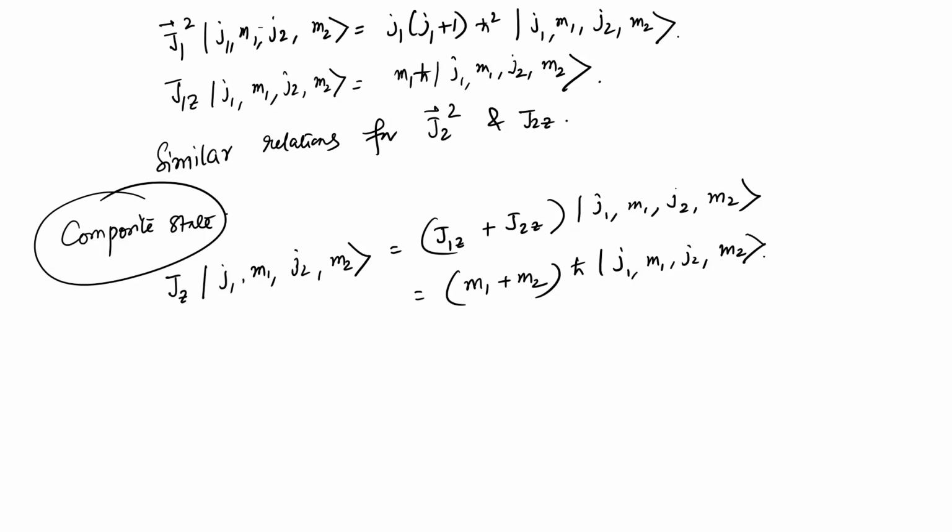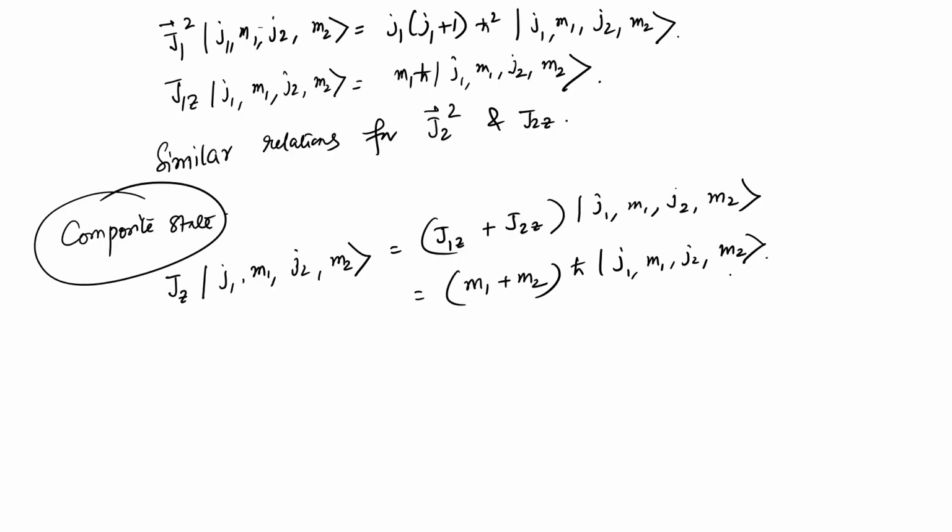What I am trying to convince you is that this composite state that we have formed is a good description of the problem, a good basis, or what can be called an eigenbasis, for working with the total angular momentum comprising these two particles. So, this is a basis that makes sense to us.